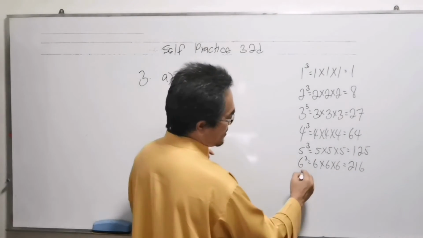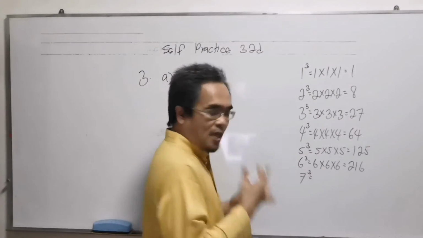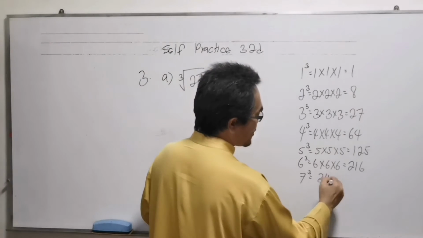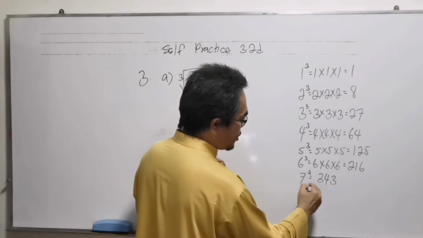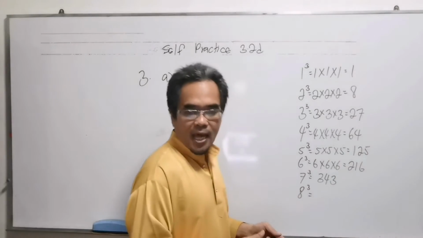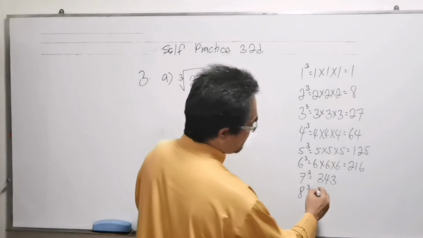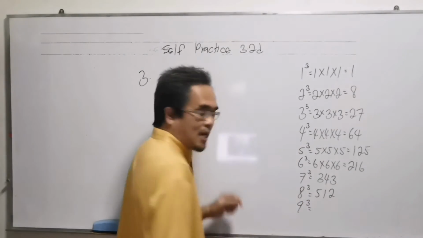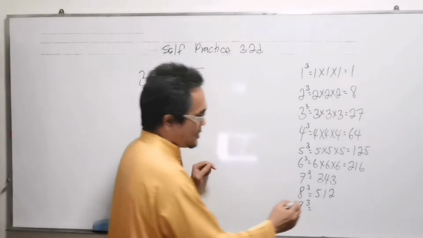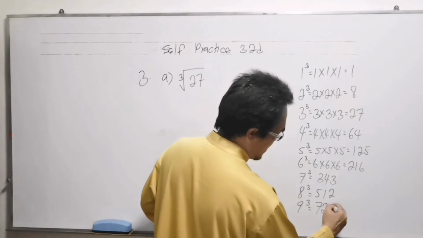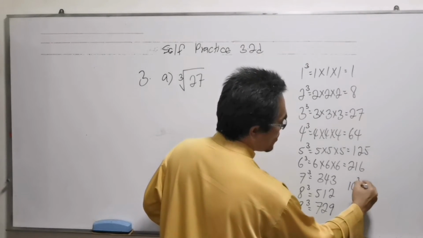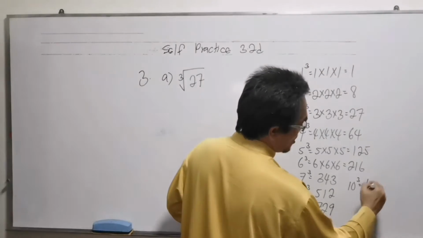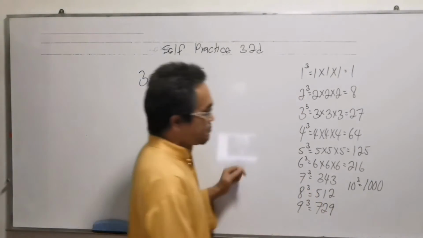Okay, make it short. 7 cube, 7 times 7 times 7 will be 343. 8 cube, 8 times 8 times 8, 512. 9 cube, 9 times 9 times 9, 729. 10 cube will be 10 times 10 times 10, which is 1000.